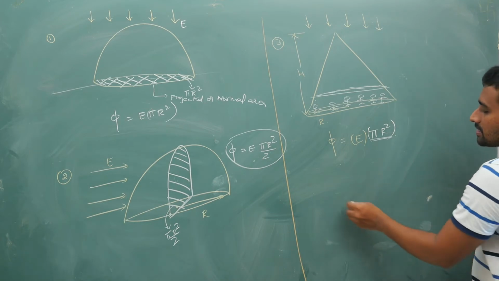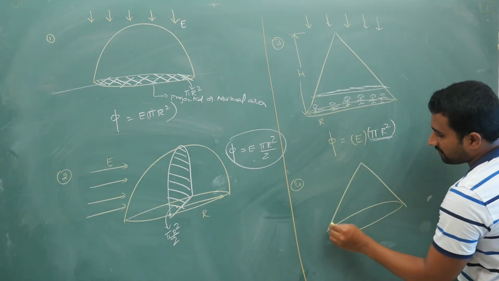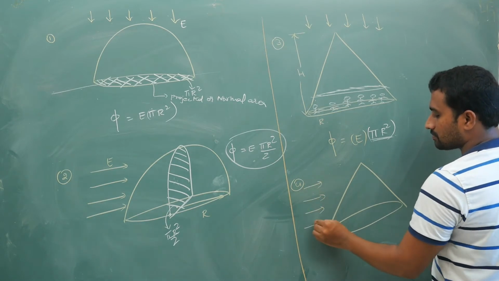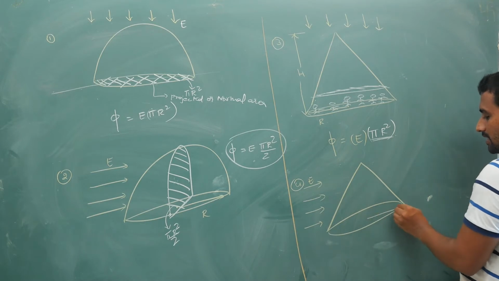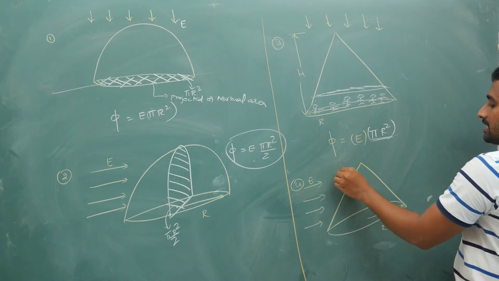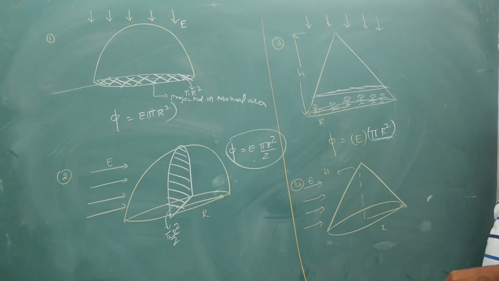Now your next idea is, if field lines are coming from this side, what is your projected or normal area? Let us say radius is R, height is H. So what is your normal or projected area in this case?